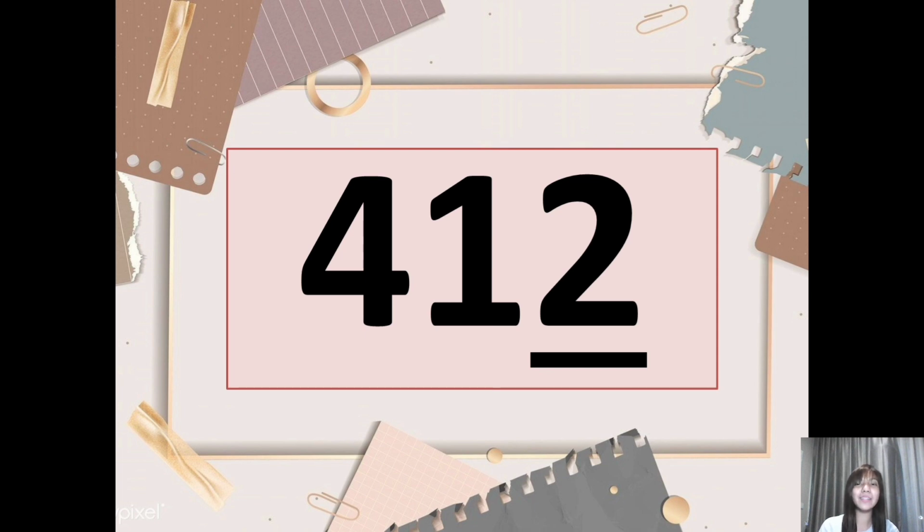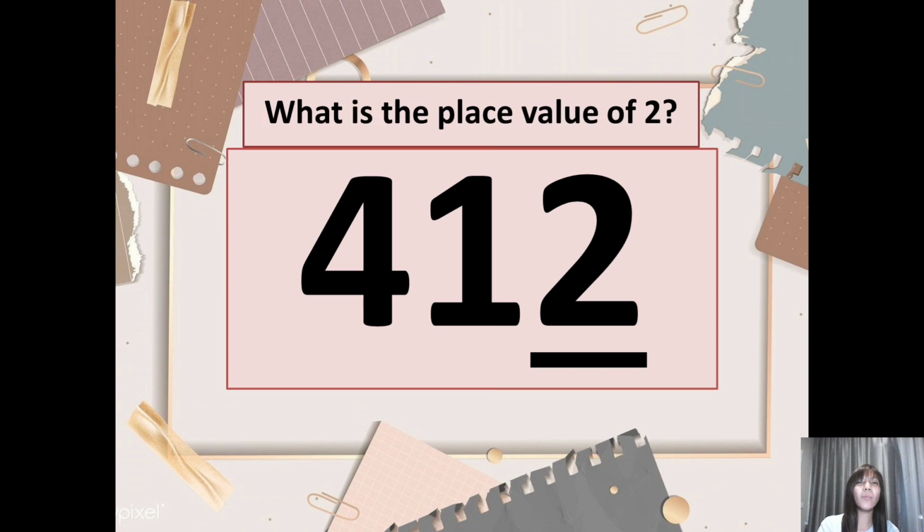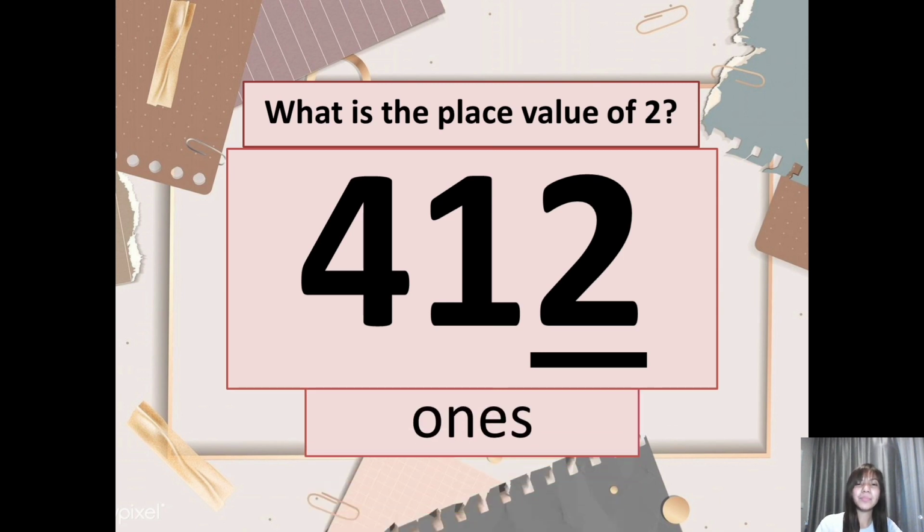The underlined number is 2, right? So, question: what is the place value of 2? What do you think is the answer? Is it ones, tens, or hundreds? Okay, so the answer is ones. Everybody please spell out the word ones. O-N-E-S. Ones. Alright.